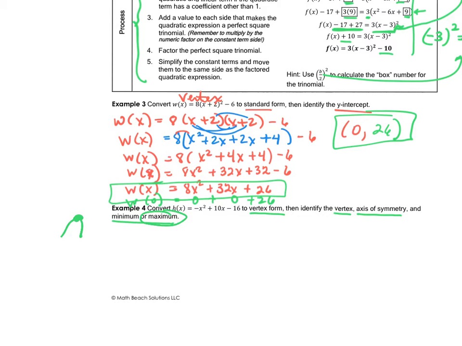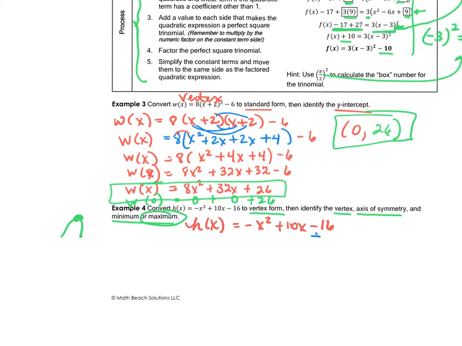All right, so let's go ahead and just jump in and start solving this. So I'm going to write the problem out first. And I'm going to write h(x) is equal to negative x squared plus 10x minus 16. Now, if you remember looking at the steps, the first thing they did was bring the constant over.